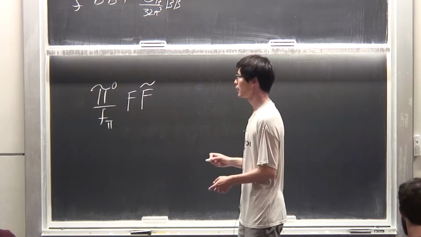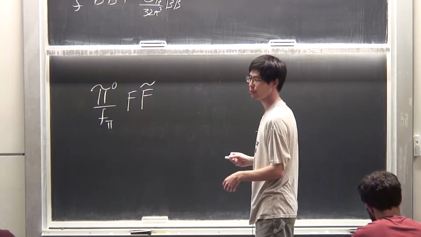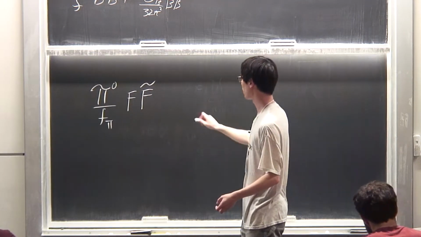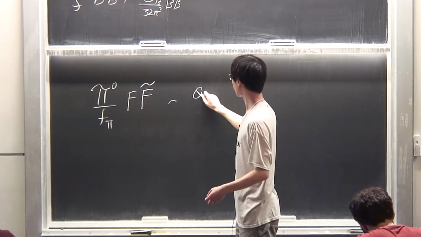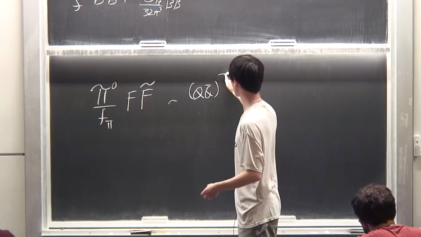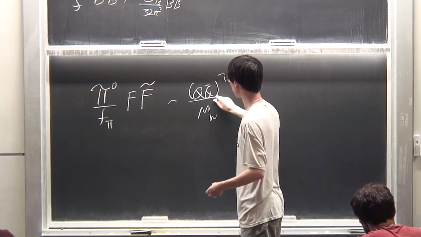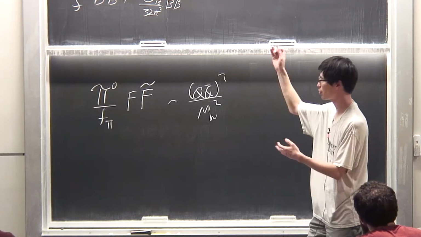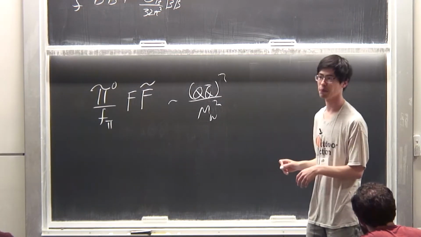And if you want to ask what are higher order corrections to things like the pion potential, they would be things like q bar squared over m W squared, right? There are higher order corrections to everything in the pion potential.